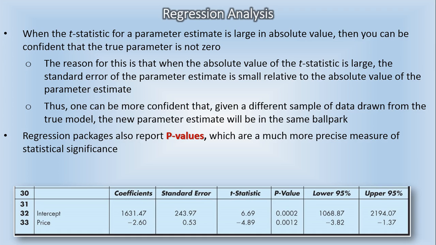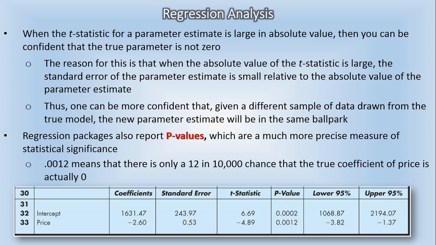Regression packages also provide p-values, which are much more precise measures of statistical significance. Basically, they represent the probability that the significance you find is false. So a 0.0012 p-value means that there's only a 12 in 10,000 chance that the true coefficient of price is actually zero.